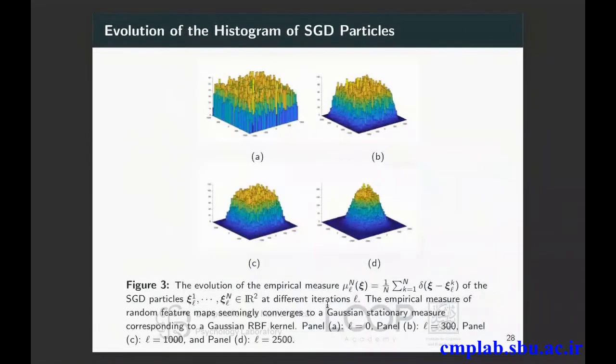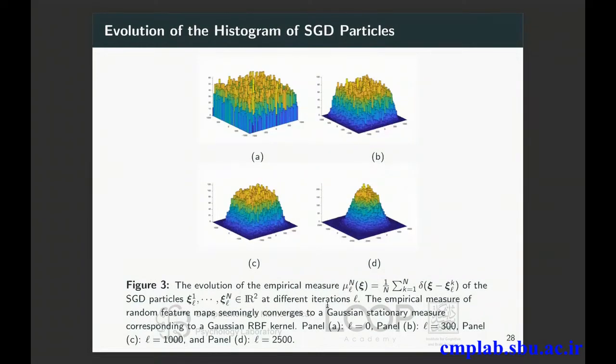Now I want to show you some simulations. These samples from the distribution that I talked about, you can consider as particles moving in space, and you can think of stochastic gradient descent as a law that moves these particles around.